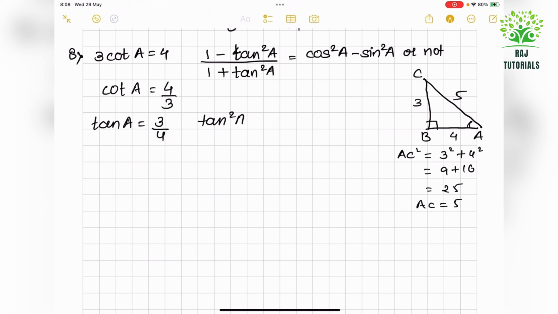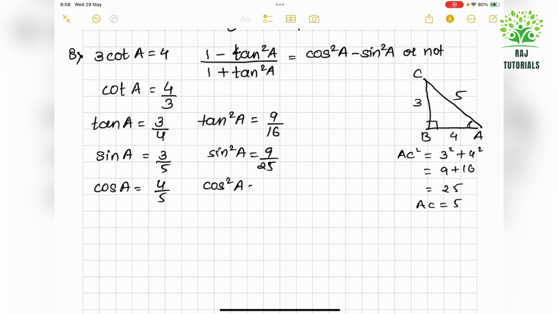So I can say tan square A will be 9 by 16. Sin A will be perpendicular upon hypotenuse, so 3 by 5. So sin square A will be 9 by 25 and cos A equal to 4 by 5. So cos square A will be 16 by 25.